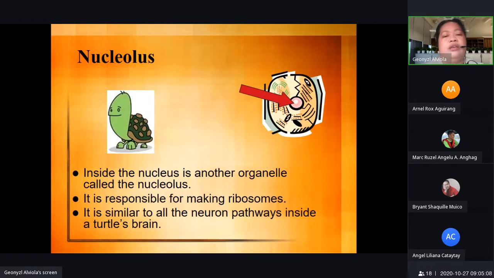Nucleolus is another area of the nucleus. It is responsible for making ribosomes. So aside from the main activity of the cell, the nucleus is also producing ribosomes and proteins.